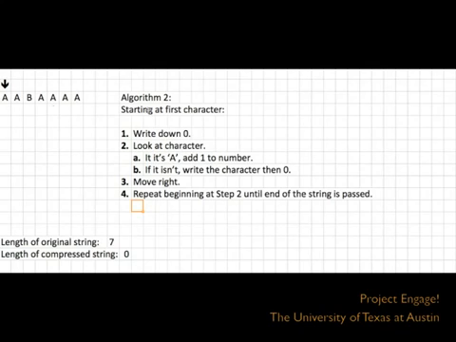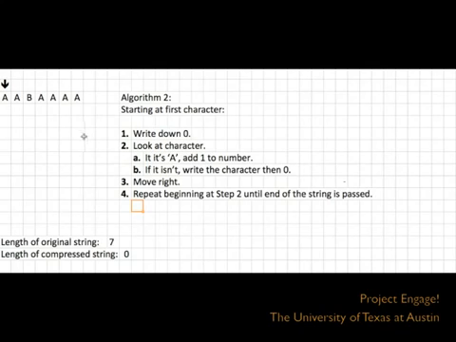So, starting at the first character, we're going to write down a 0. We're going to look at the character, the one we're pointing at. If it's an A, we're going to add 1 to the number we have written down. If it's not, we're going to write whatever character we're looking at and then a 0 and move right. So we are going to keep doing this beginning at step 2 and moving through step 3 until we have passed the end of the string.